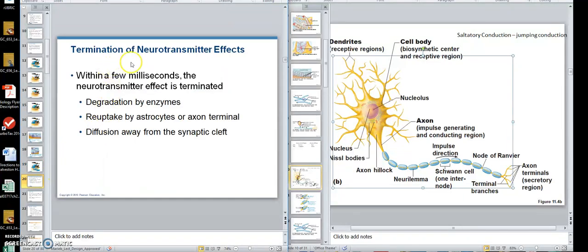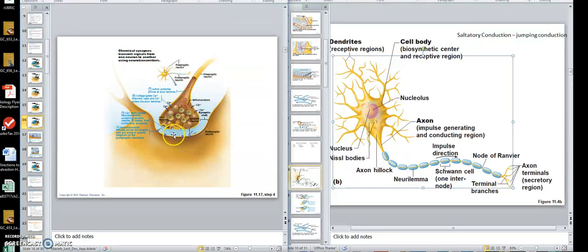We talked about termination of neurotransmitter. One was by enzymes in the postsynaptic cell breaking it down, like acetylcholine was broken down by acetylcholinesterase into acetate plus choline. Another is reuptake by the axon terminal or by astrocytes around it. And remember, between that synapse is a fluid pool, so fluid would just wash it away.